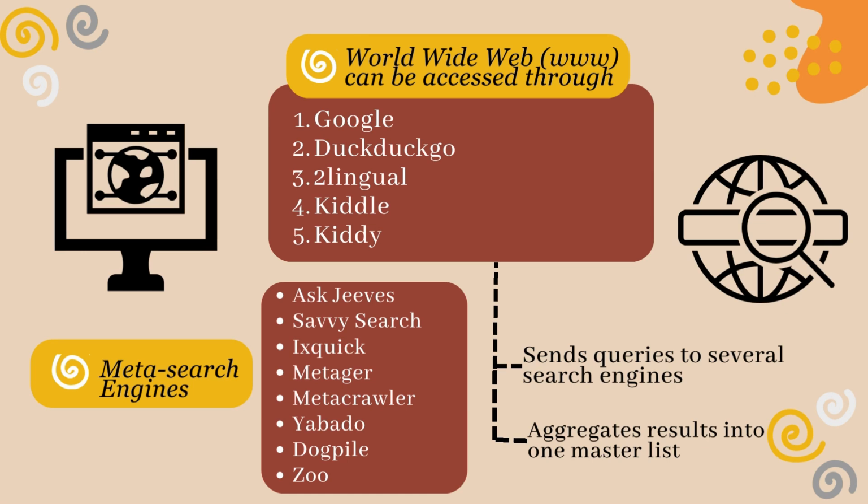So what are meta search engines? Such as Ask Jeeves, Savvy Search, LX Quick, Metager, Metacrawler, Yabado, Dogpile, Zoo. A meta search engine is a search engine that sends queries to several search engines and aggregates the results into one master list.